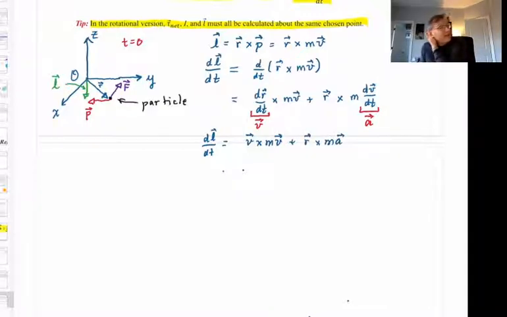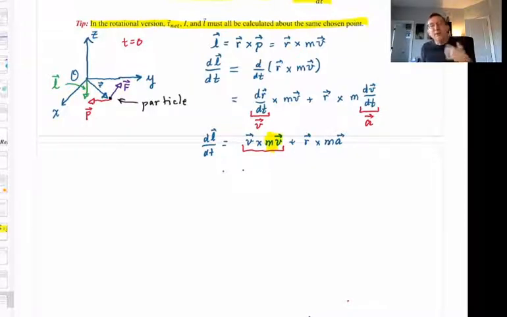Rather interesting looking. Now I want you to look at this first cross product, v cross mv. Look at this part first, the m times v. m is a positive scalar. So when I multiply the v arrow by m, I get a new vector.